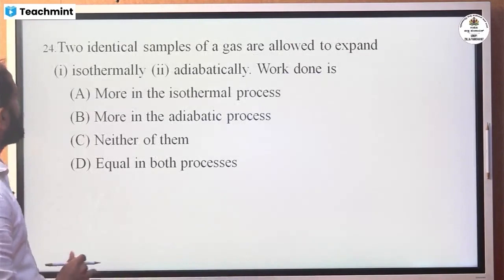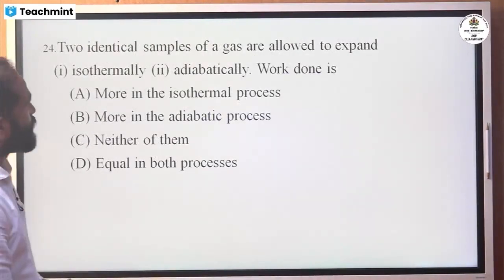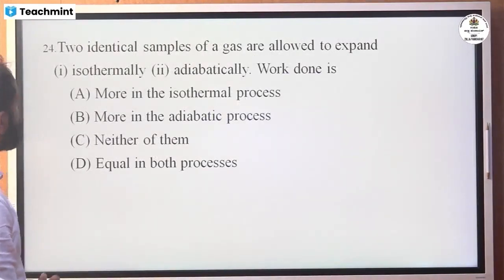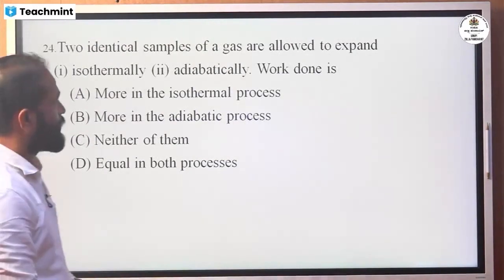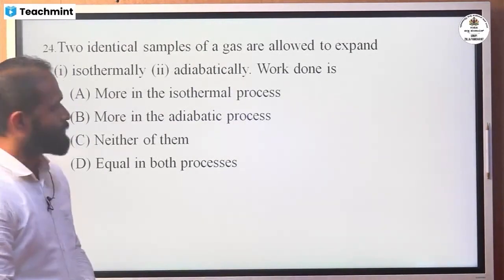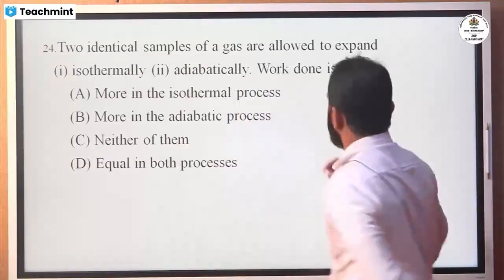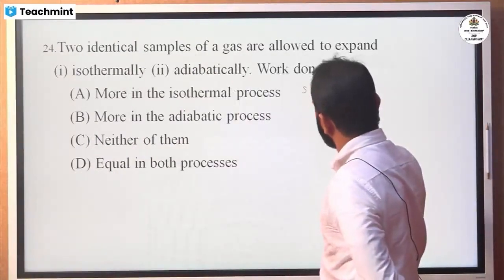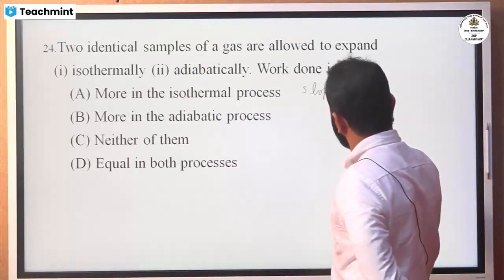Question 24. Two identical samples of a gas are allowed to expand, first isothermally and second adiabatically. Work done is. So we have a slope in the case of an isothermal process.